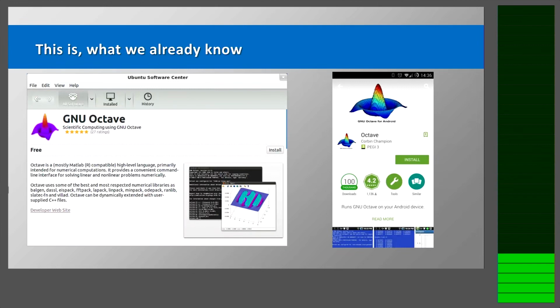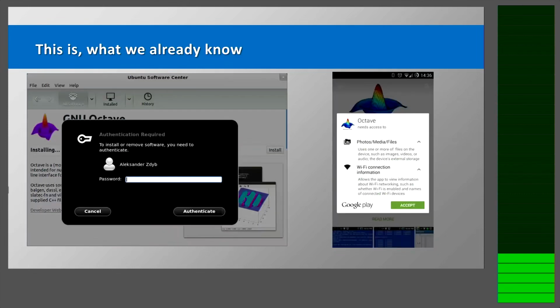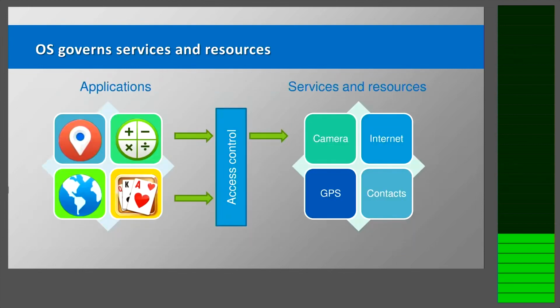What's the difference between these two images? The tricky part is that if we press install, Ubuntu asks us for a password, but in Android, for example, we need to accept a set of privileges the application would get when operating. What's the real difference here? In the first case, the desktop systems, the installed application is a full extension of the user.